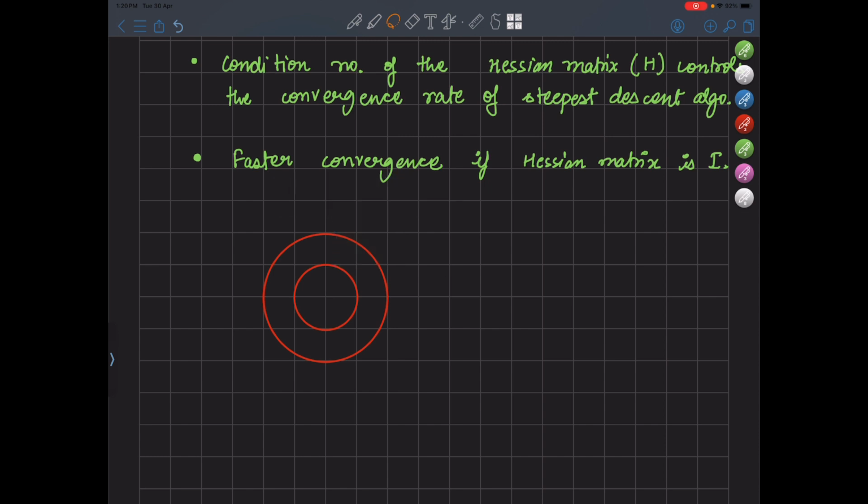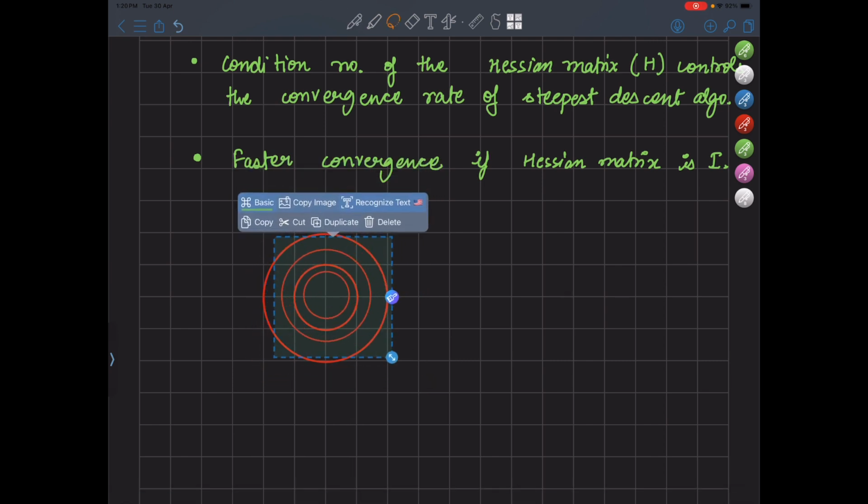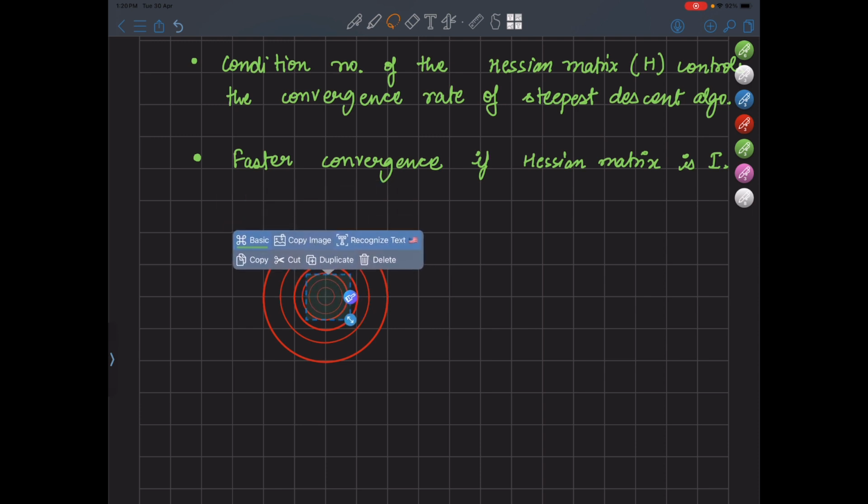All right, so can we transform the coordinates in such a way that we go from elliptical to circular, and hence get faster convergence? Can we do that? Let's see.